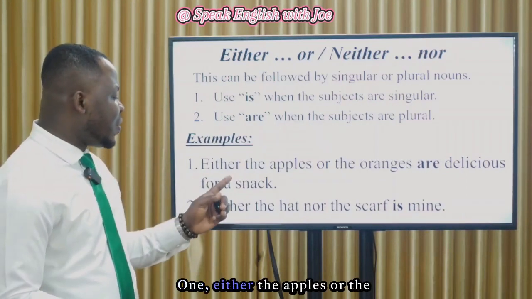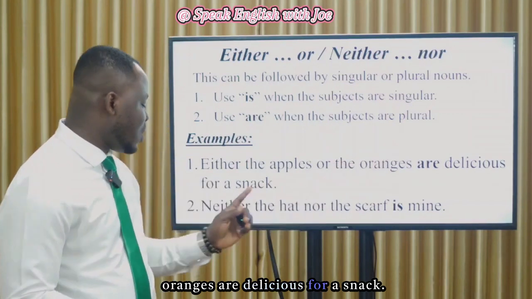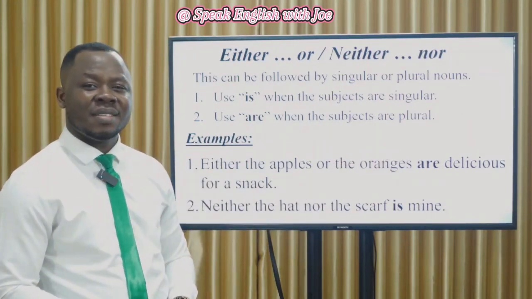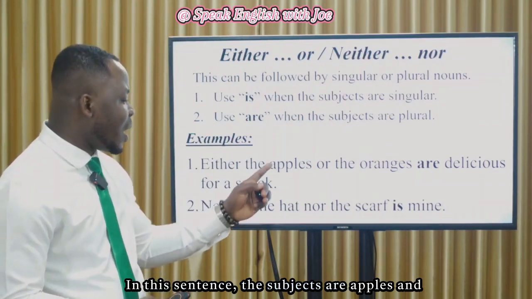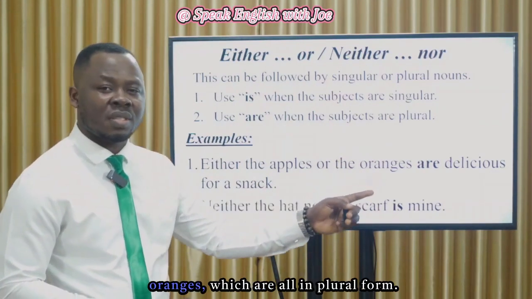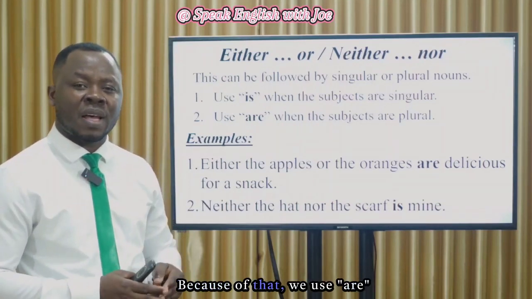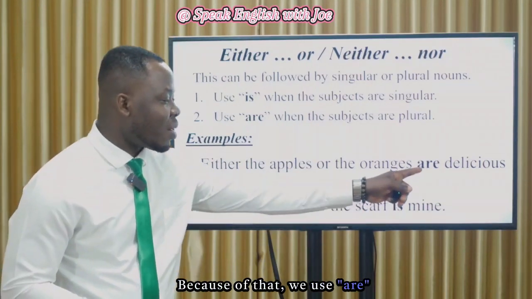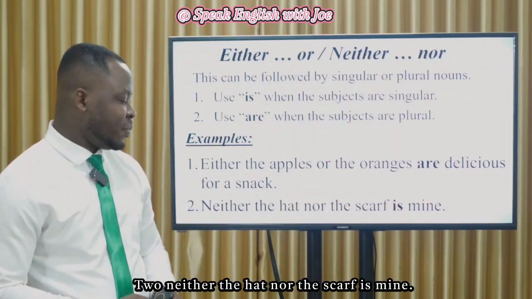1. Either the apples or the oranges are delicious for a snack. In this sentence, the subjects are apples and oranges, which are all in plural form. Because of that, we use are. 2.